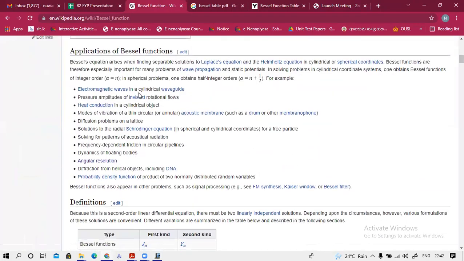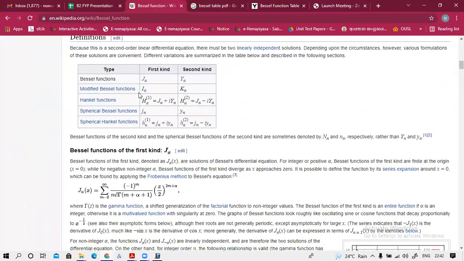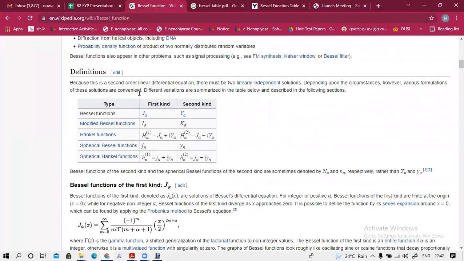There are many types of Bessel function: first kind, second kind, modified Bessel functions, Hankel functions. In our example we can use the first kind Bessel function.